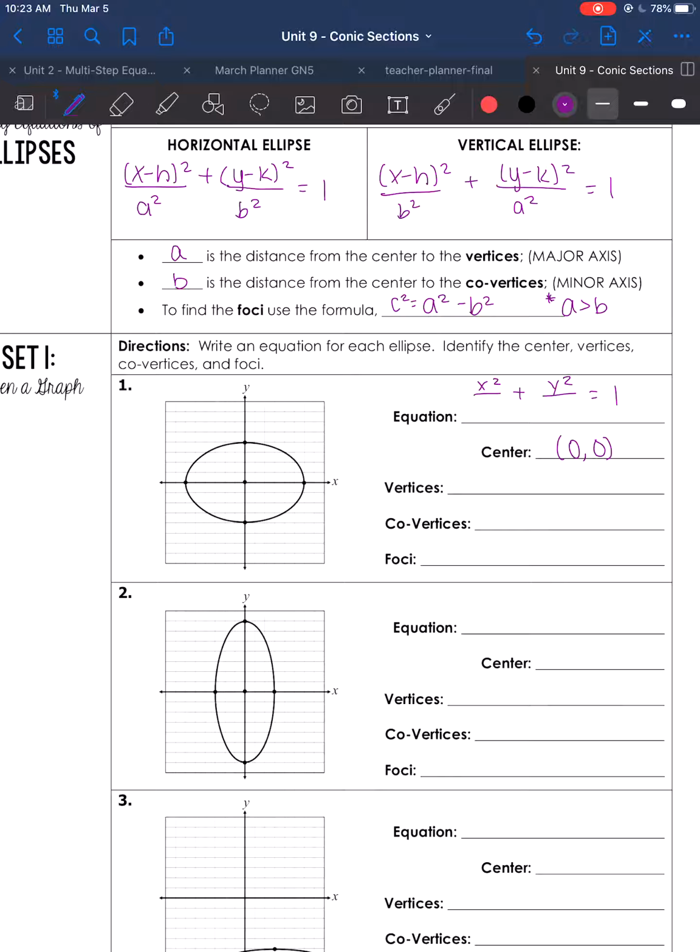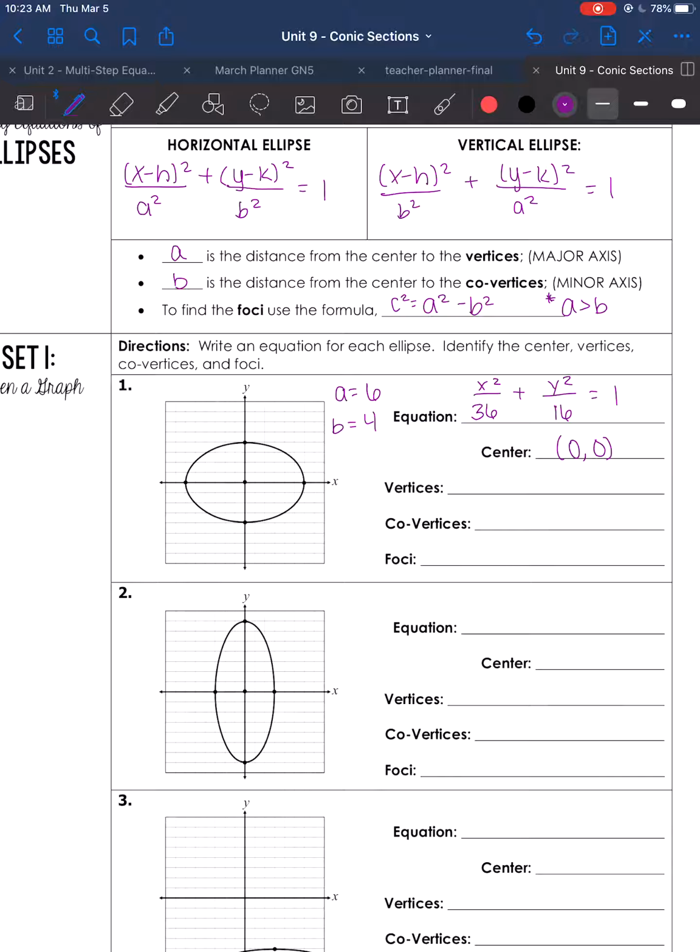So let's figure out what a is. Now let's figure out what b is. So a is 6, and b is 4. That makes a squared 36 and b squared 16.